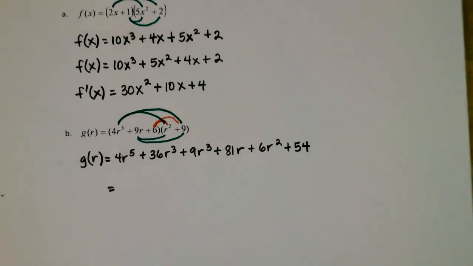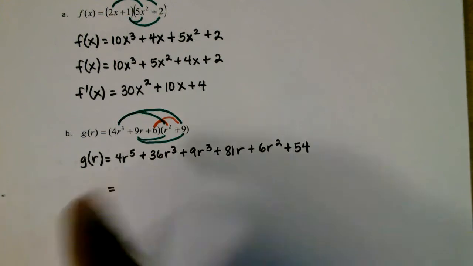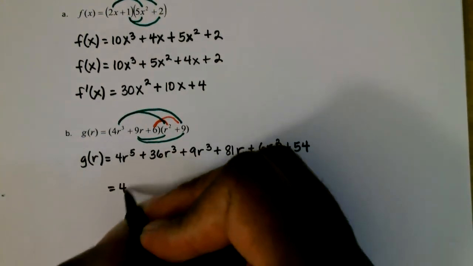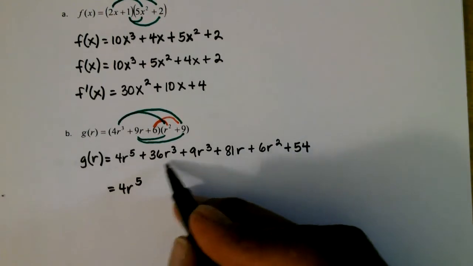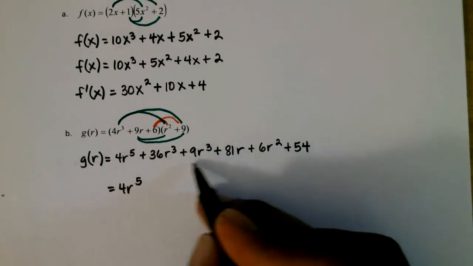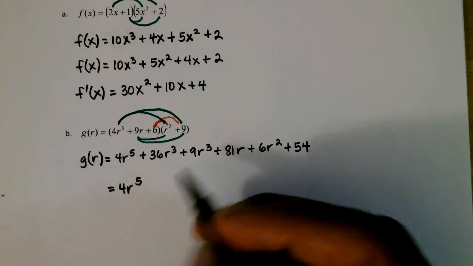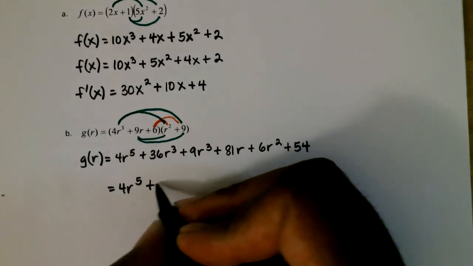Okay. Now let's see here if we can combine some like terms. I have nothing to combine with the 4r to the 5th. I can combine 36r cubed with 9r cubed. That's going to give me 45r cubed.